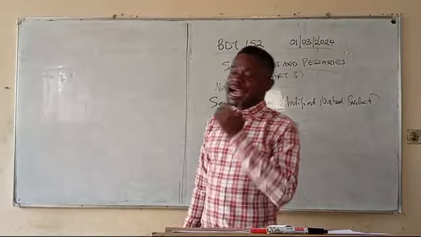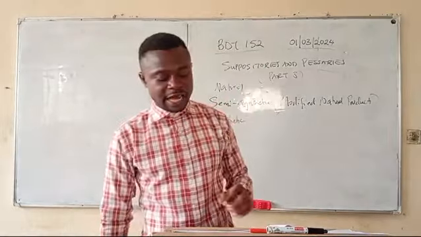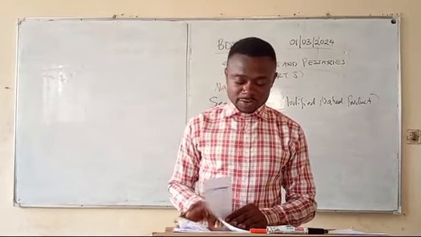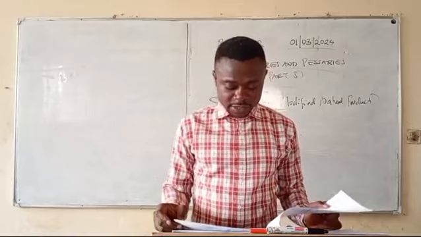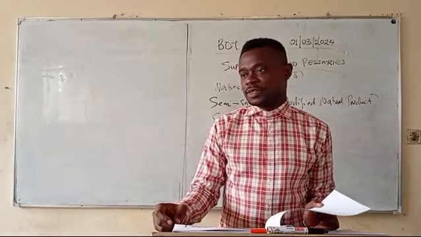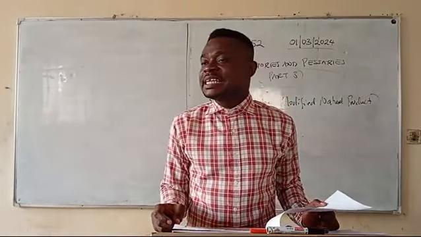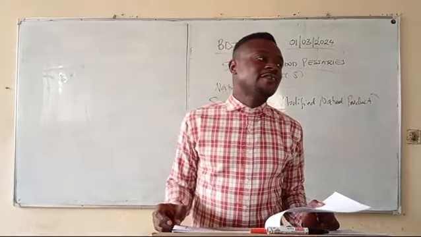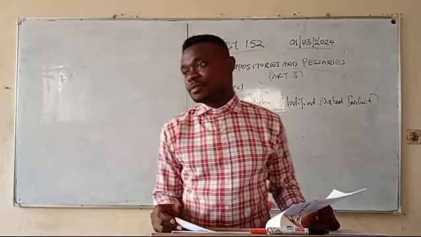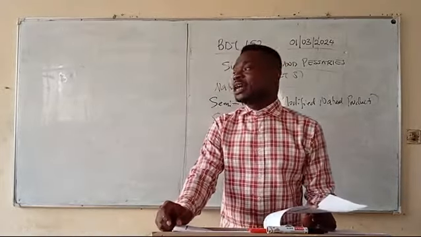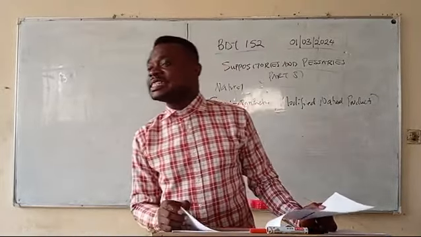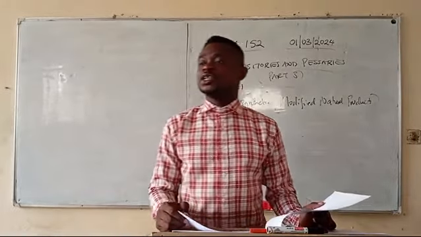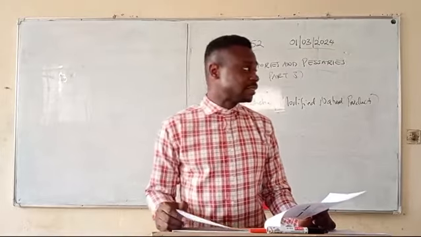So if a suppository base has a very high iodine value, it can lead to rancidity. Ideally, a suppository base should have an iodine value less than 7. If it's more than 7, there's a tendency for that base, if you use it for suppository, to start to go rancid.